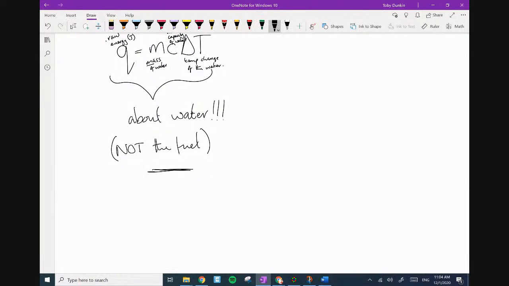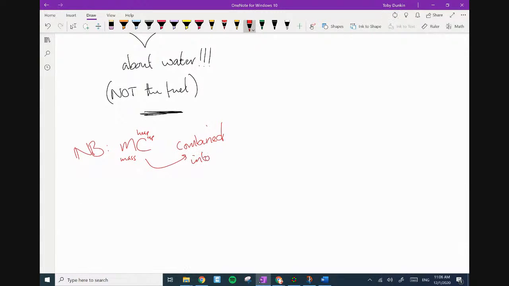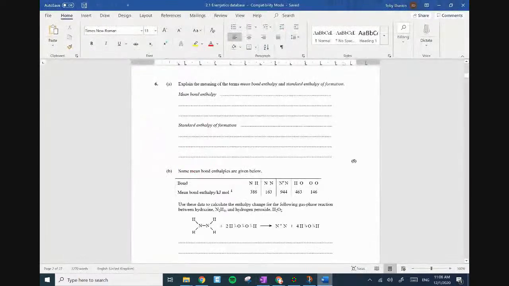So what they can often do is, this is a nota bene: M and C, the mass and the heat capacity, can be combined into overall heat capacity. I'm just letting you know, just to show you this in action.